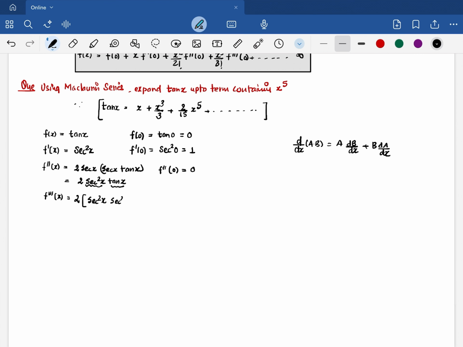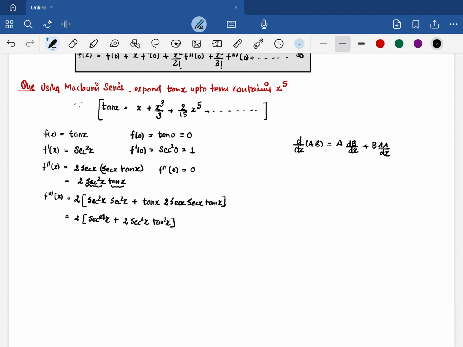Can we say sec square x. And take sec x as constant, and what's the differentiation of sec square x? 2 into sec x and sec x into tan x. So what's the final answer? Can we say 2 into sec to the power 4 x plus 2 into sec square x tan square x.